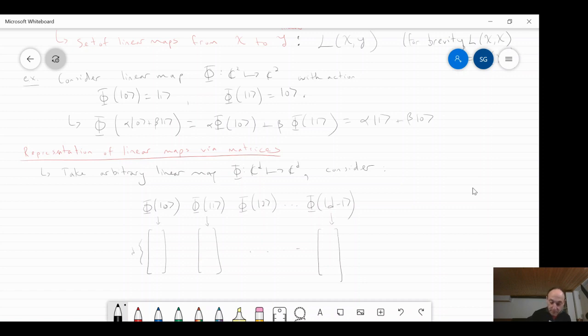And if you do the naive thing of just sticking these things together from left to right, just cramming them together into one big block of numbers, what you're going to get is a matrix by definition, right? If I just concatenate these vectors one next to each other, then what I'll get is a matrix. And let me call this matrix A, to be consistent with my notes. This is a matrix A.